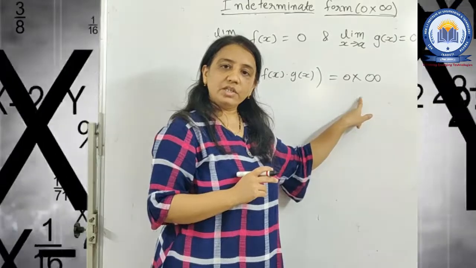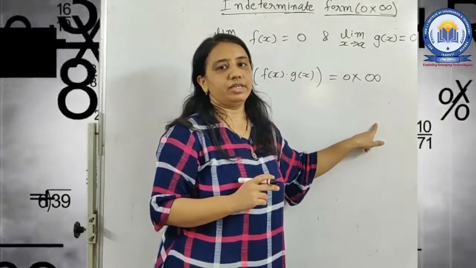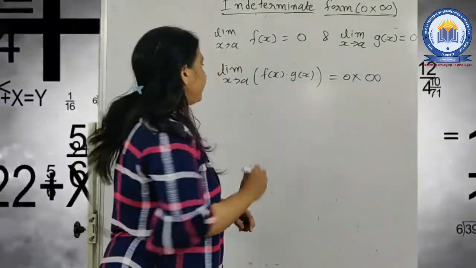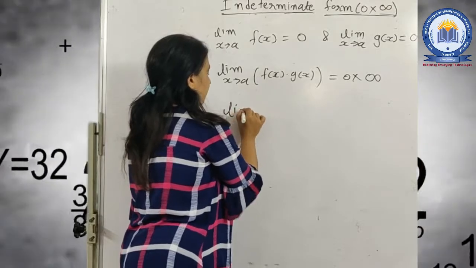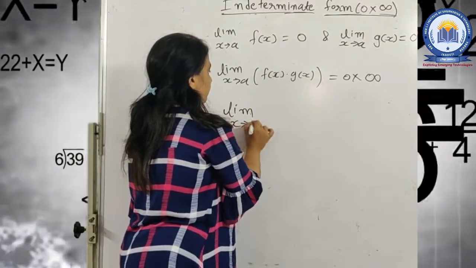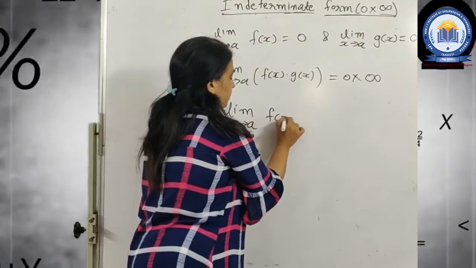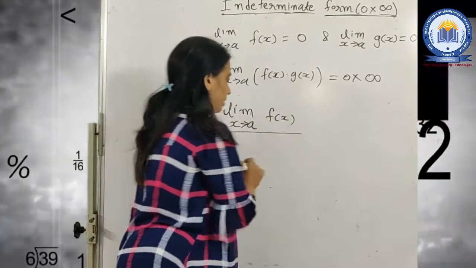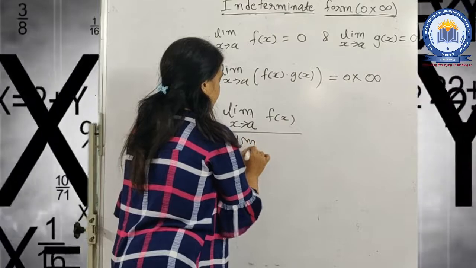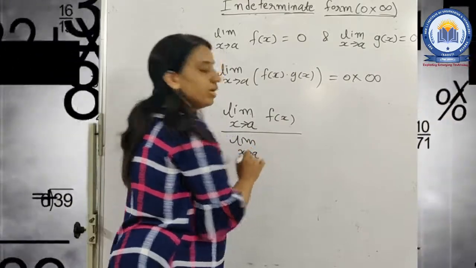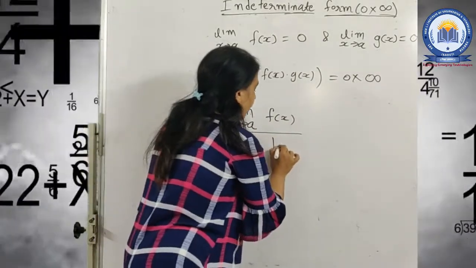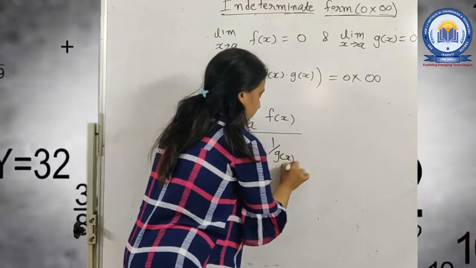Either 0 by 0 or infinity by infinity form. So it can be rewritten as limit x tends to a f(x) upon 1 upon g(x), right?